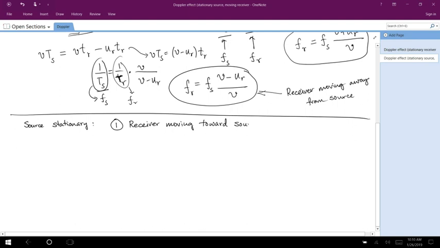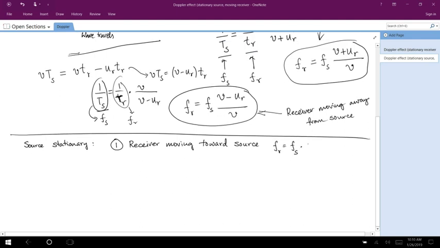So when the receiver is moving toward the source, that's when we get F receiver is equal to F source multiplied by V, the speed of the wave, plus UR, the speed of the receiver, divided by V, which is the speed of the wave.